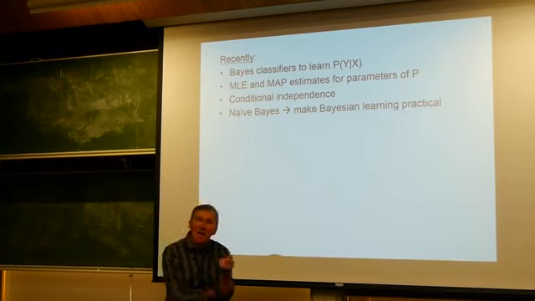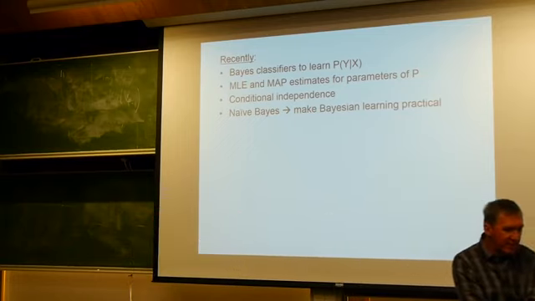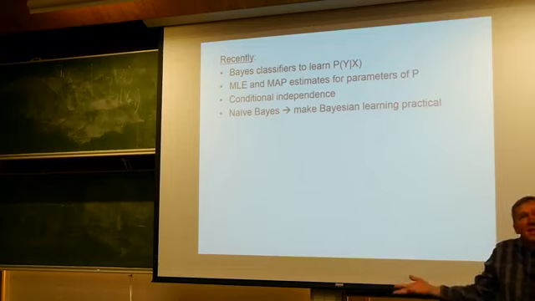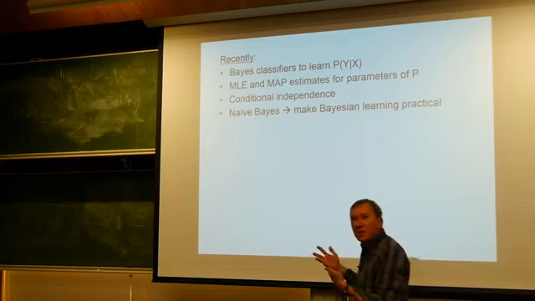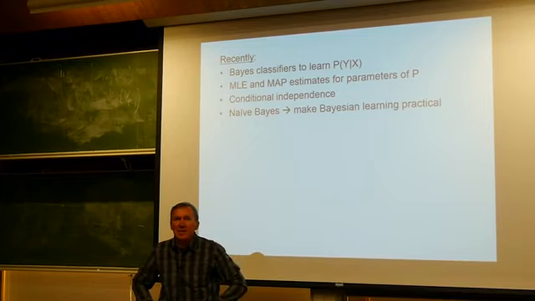So conditional independence was one of our key ideas for reducing the number of parameters we have to estimate from training data, and therefore making it even feasible to learn probabilistic functions like p of y given x.